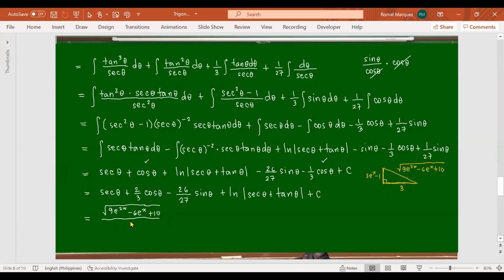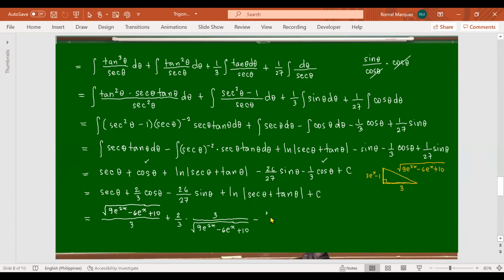Over adjacent, plus 2/3 cosine, square root, not yet, 3 over square root. Control copy, control V. See? So that I'm not going to write again, because I have anticipated that I'm going to write such expression.